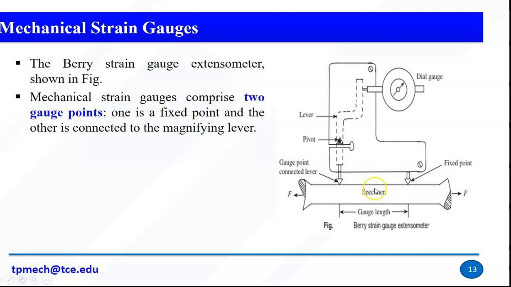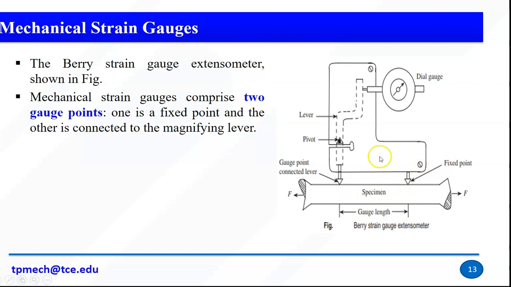Assume that this is our specimen. We are going to measure the strain for this specimen. We place our Berry strain gauge meter on top of the specimen. This extensometer has two points: one is a fixed point, another one is a gauge point. The distance between the fixed point and the gauge point is our gauge length.